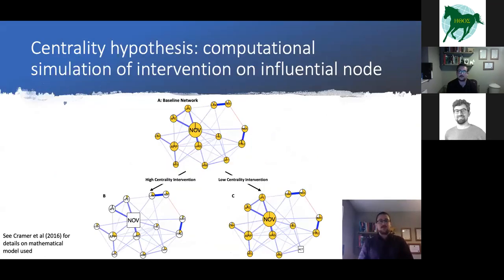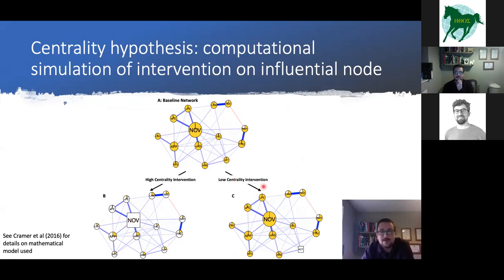To present this idea of the centrality hypothesis, we ran a quick computational simulation of intervening in these systems. In this network, we ran two simulations. We ran one where we intervene on the novelty node, represented by the square node here. This means we artificially set that to 0, so we completely cured dogs' fearfulness towards novelty.